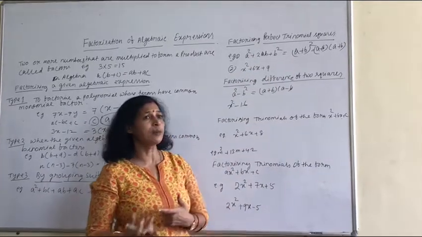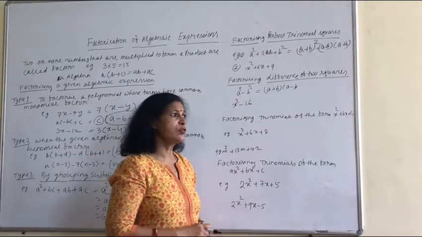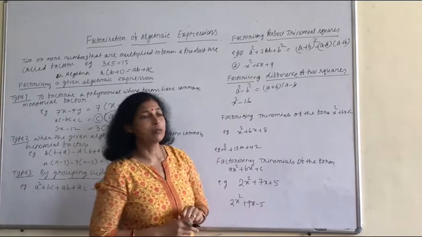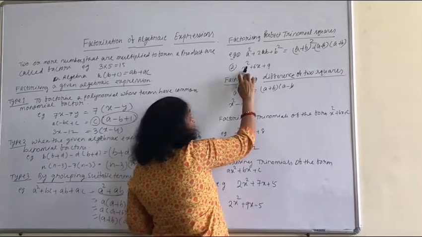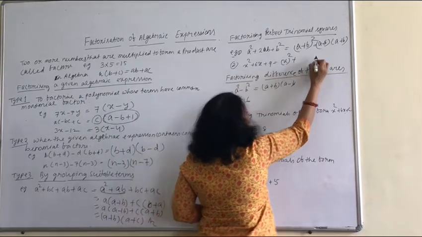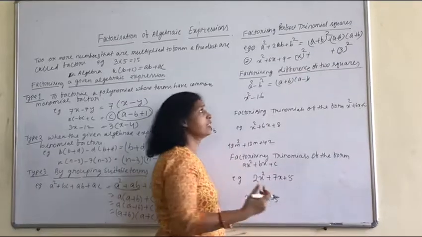Now second example: x square plus 6x plus 9. First you break it in (a plus b) whole square form. Let's check: x whole square, plus 9 is the whole square of 3.